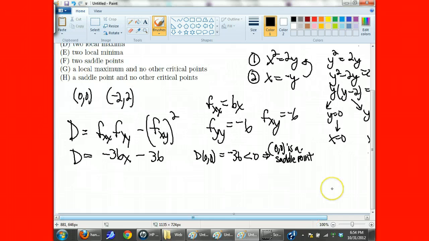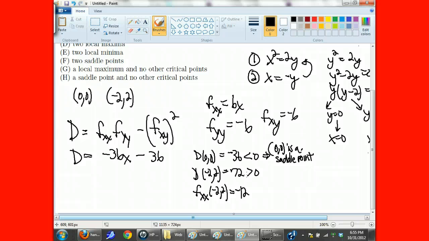Okay. Now we have capital D at the point negative 2, 2, and that's a positive 72. When it's positive, we have to go further. We have to then check double x. Just by convention, it's double x that they use. It's not any more special than the other second partials, but that's what every book uses, so we'll use that. Which is a negative 12.